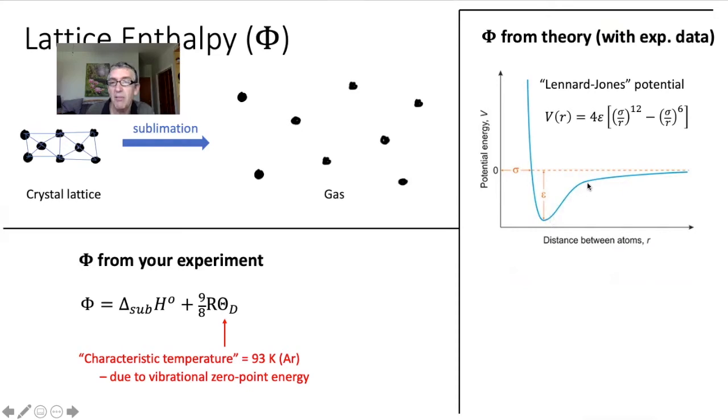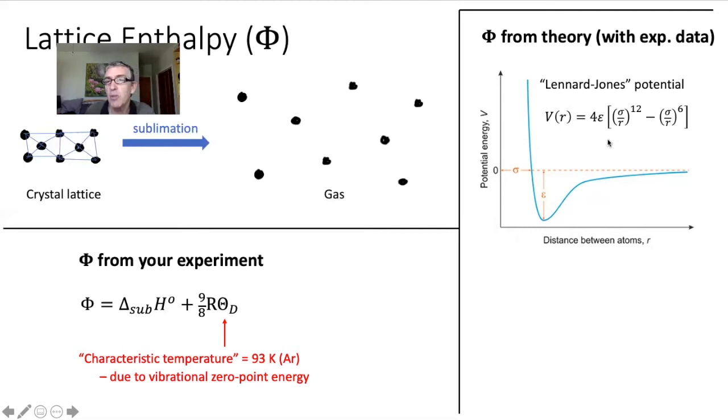And then if you pull them yet farther apart, there's essentially no interaction, and the energy becomes zero at infinite distance or very large distance. So scientists have played with functional forms that will describe this curve quite well, not perfectly, but quite well, for a variety of substances. Then they derive parameters for each substance.